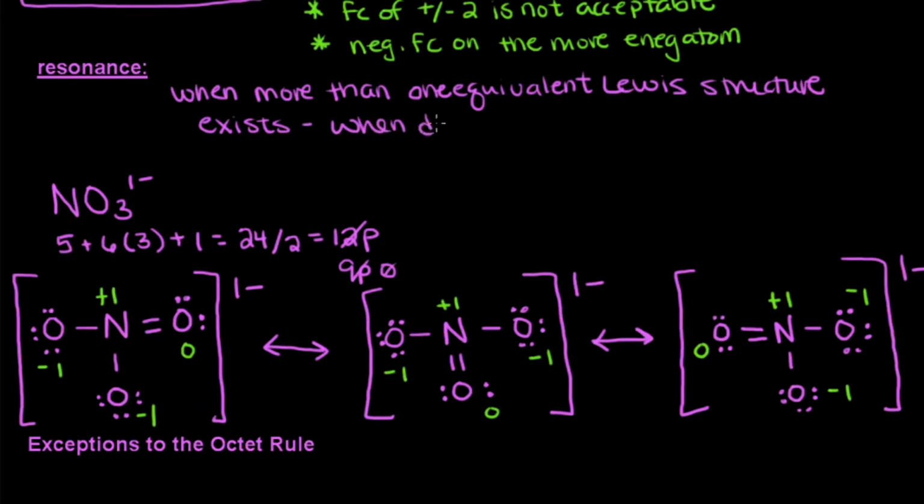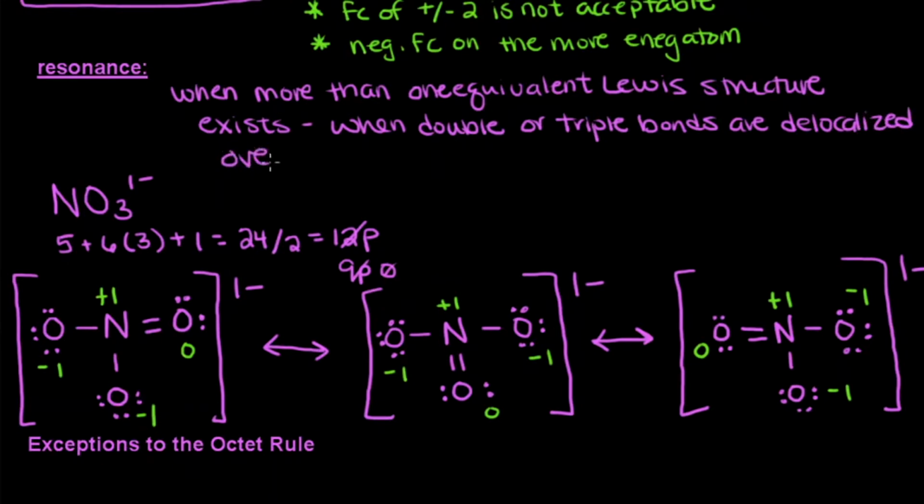When double or triple bonds are delocalized, that means spread out, over more than one location.